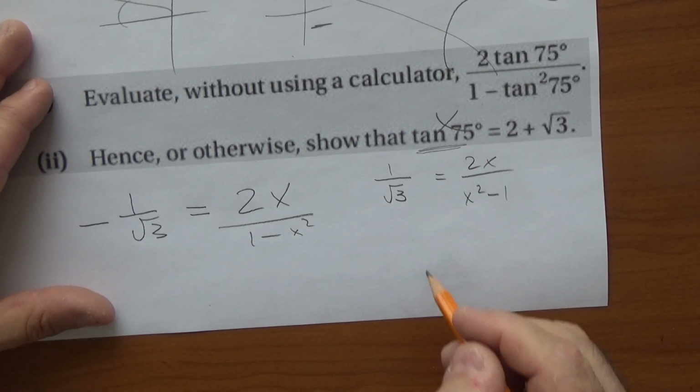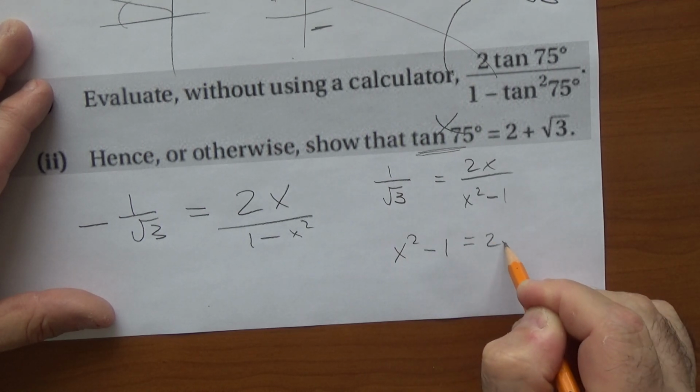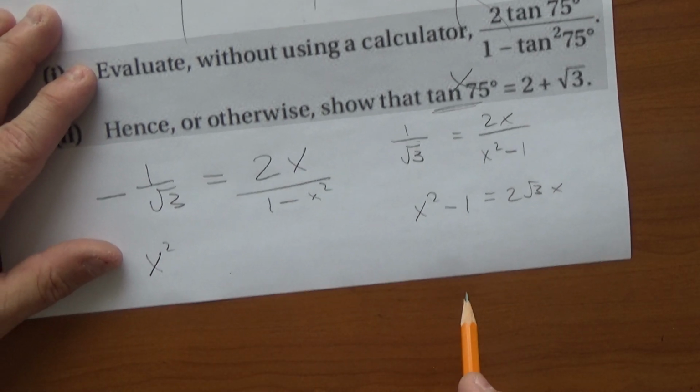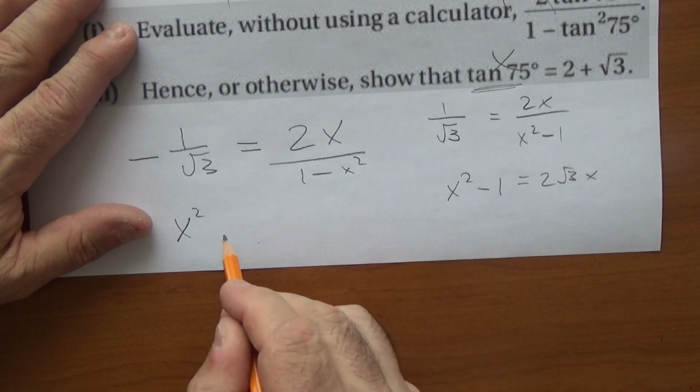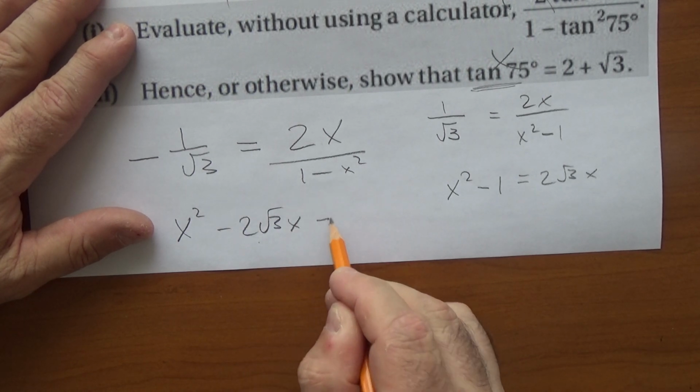Okay. Now let's go ahead with our cross-multiplying. And actually, let's just pass it over to technology now. So we're going to have x squared minus 2 root 3x minus 1 equals 0.